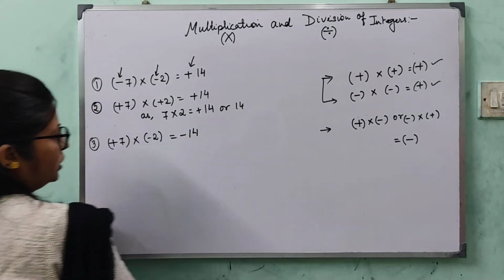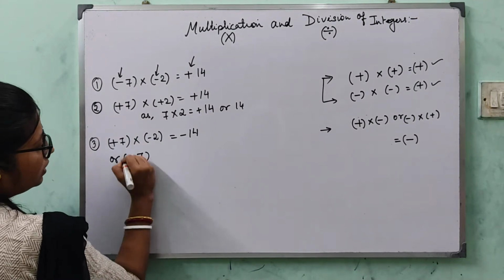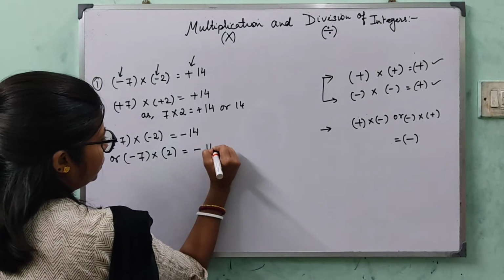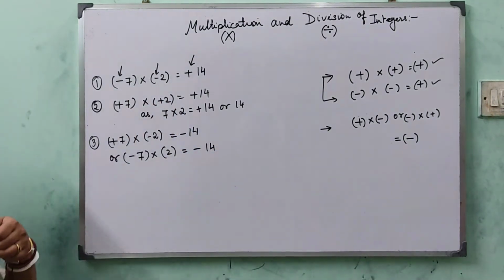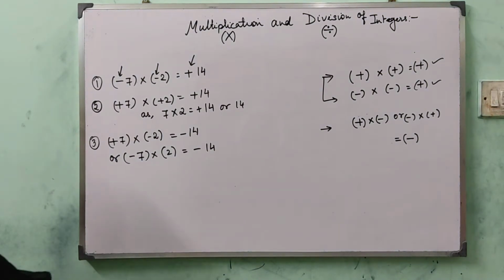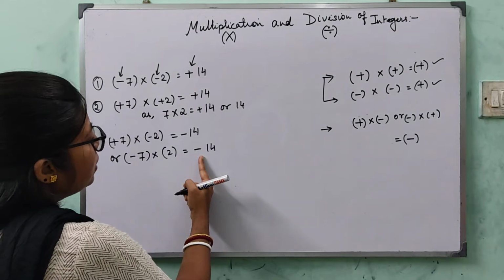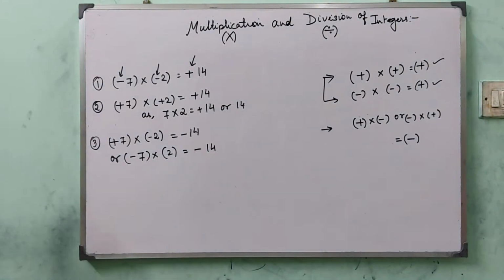So minus 14. Or I can have minus 7 into plus 2, that is equal to minus 14 again. Because a minus integer into a positive integer is equal to a minus sign in the product, and the number is the product of 7 and 2.